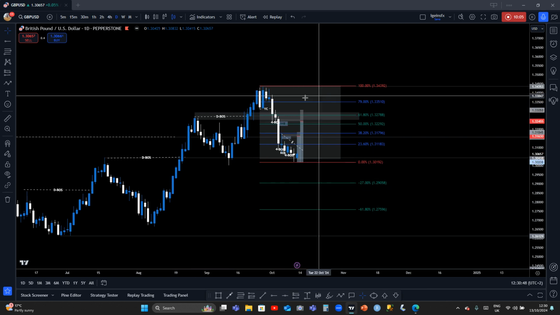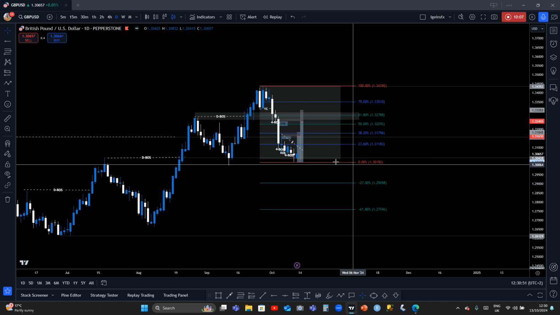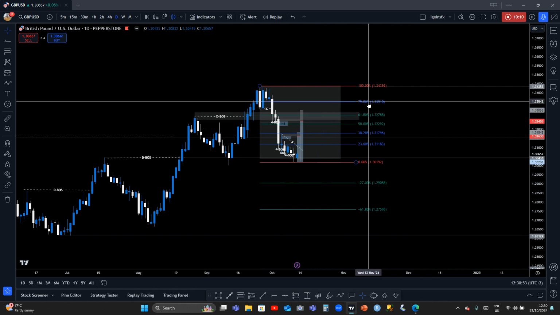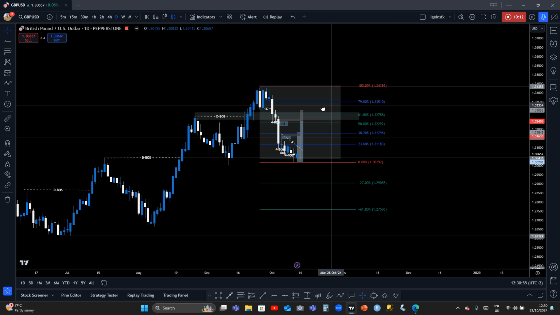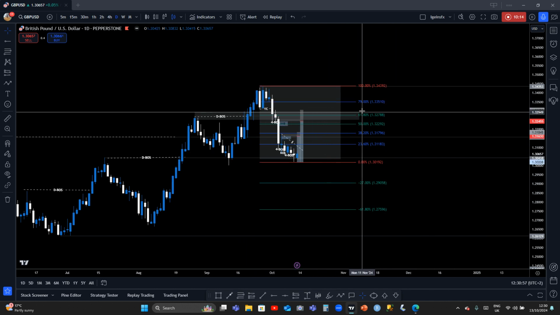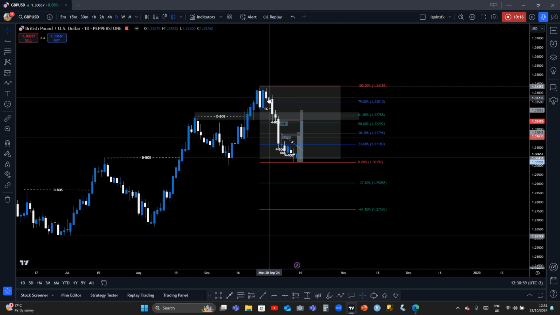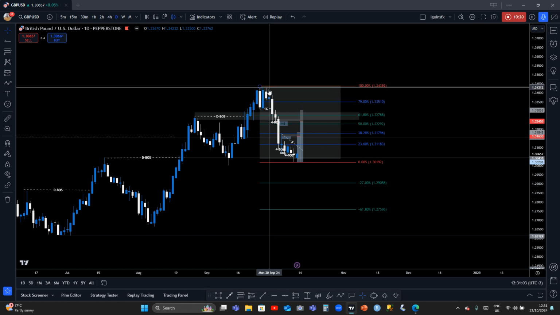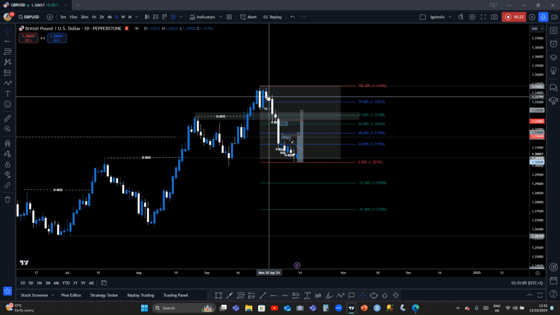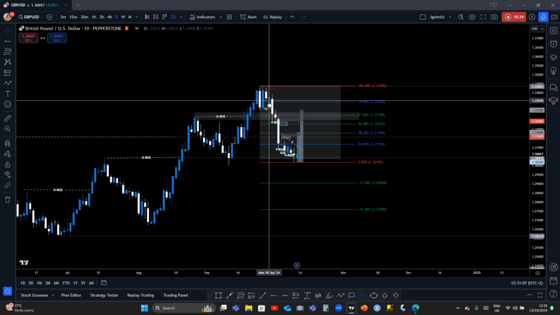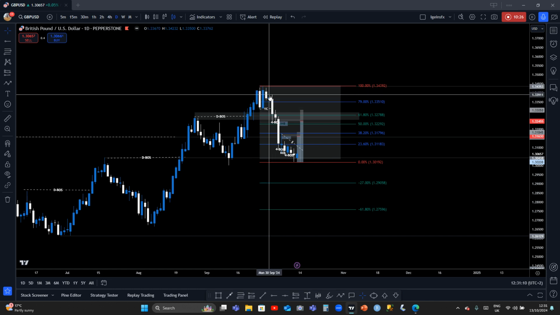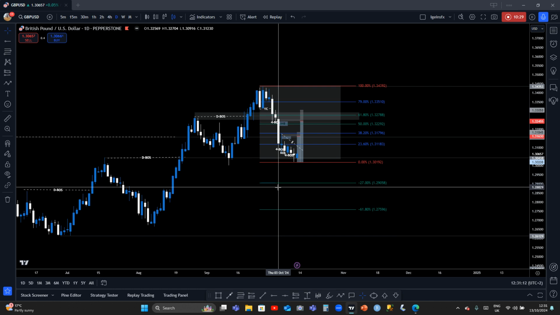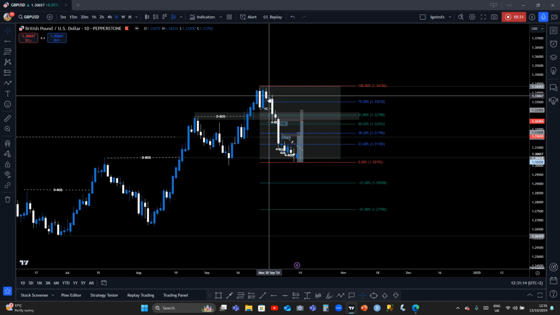So if we ask where should price push back to, at most it should pull back to retest this bullish order block here. This bullish order block, this is a bullish candle, the last bullish candle before the bearish trend. This is a bullish order block.